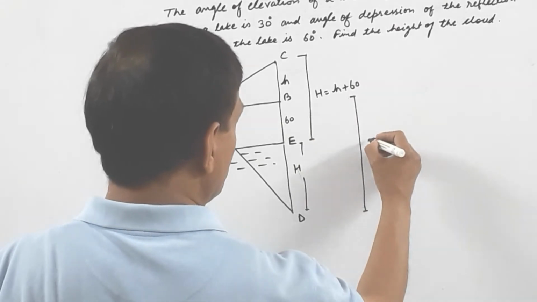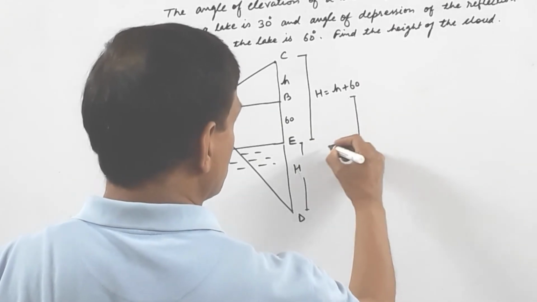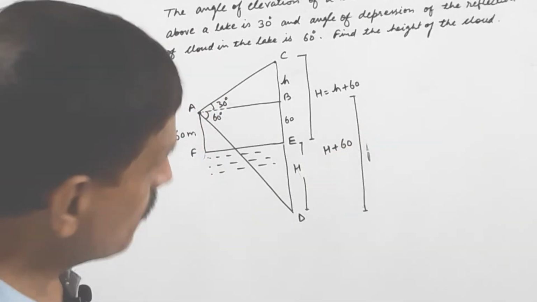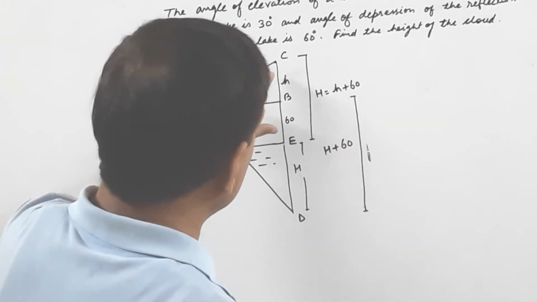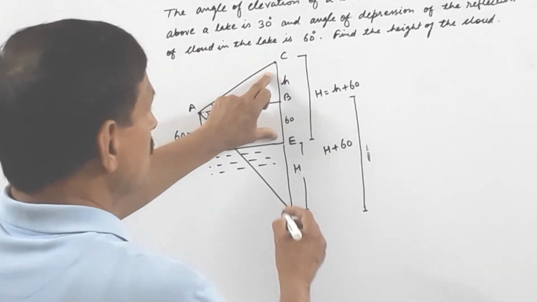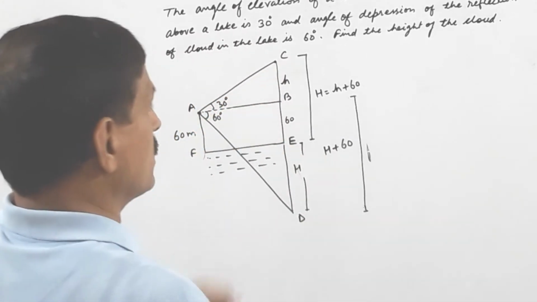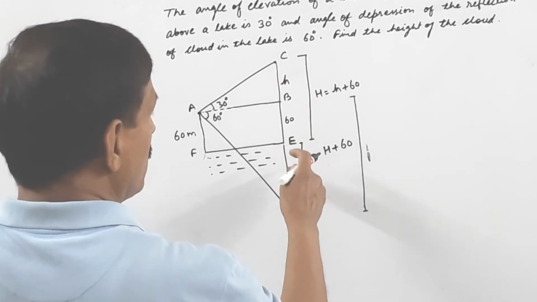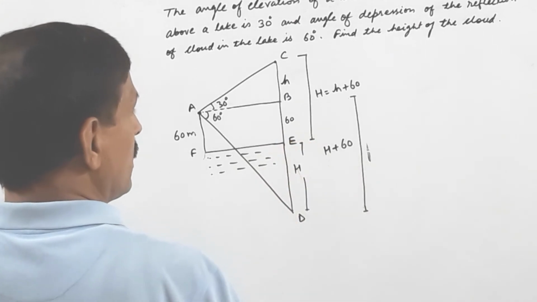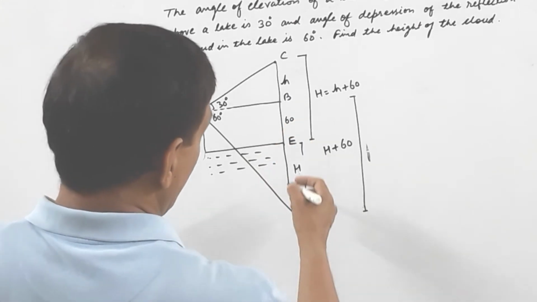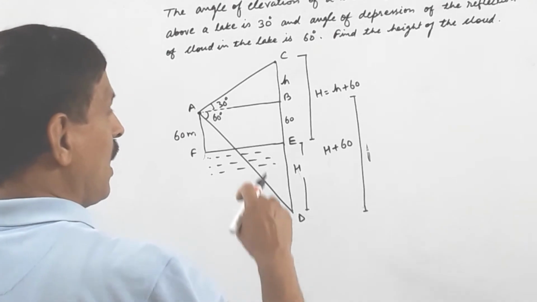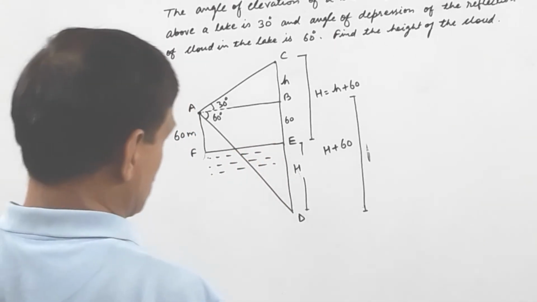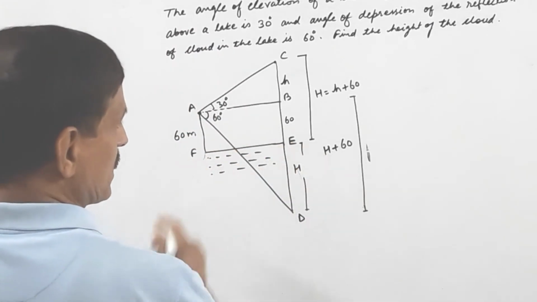Thus BD is equal to h plus 60 plus h, that is, h plus 120. This DE is equal to CE because by laws of reflection the image of the object is formed at the same distance as the object is in front of the mirror or reflecting surface. So lake is the reflecting surface.